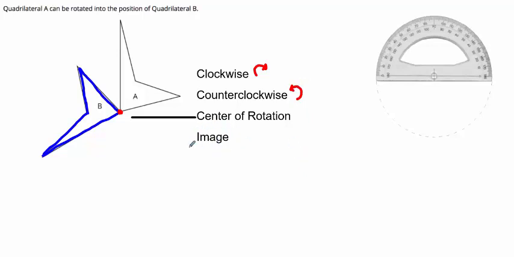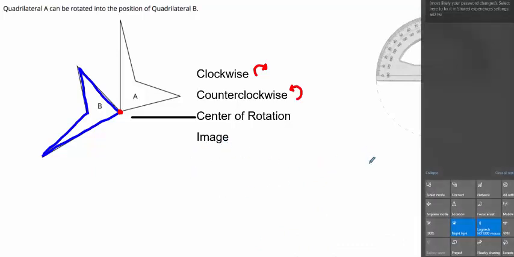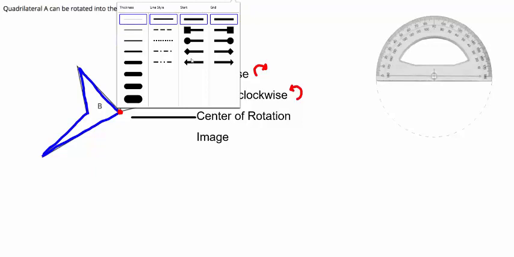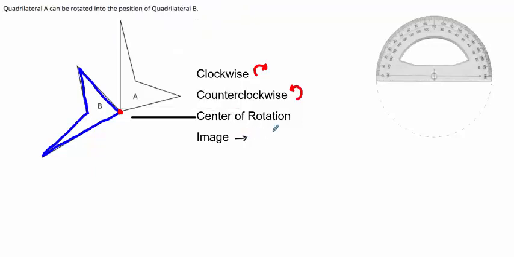So let's talk about this word also, image. Okay, so we have this figure B, and we call that the image of figure A. So figure A is the original, and figure B we say is the image of figure A. So we could say that the image is a copy of the original.